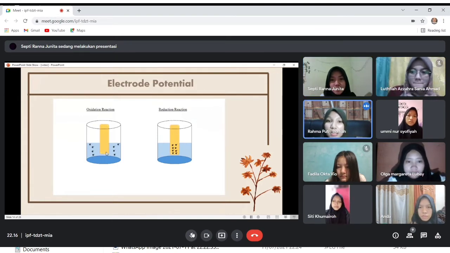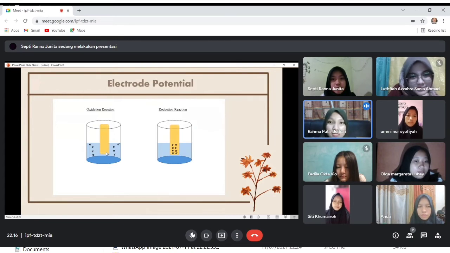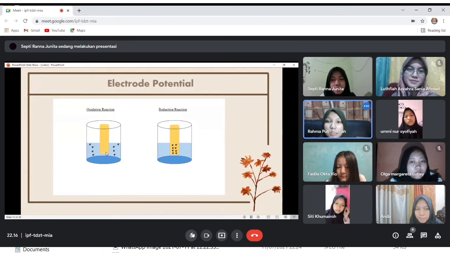Okay, based on the animation, if we dip an electrode in its solution, electron can flow to or from the solution to the electrode. That means the electrode can either lose electron or gain electron. This can build up a charge that causes an electric potential or voltage between the electrode and metal ions in solution.